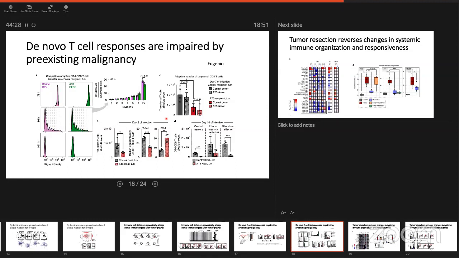And what's really interesting is that if they boost the APCs with anti-CD40, you will see an enrichment of CD86, and that will eventually lead to reverting the phenotype. So there will be more proliferation of CD8 T cells in the boosted animal in comparison with not boosted. So yes. Thank you.